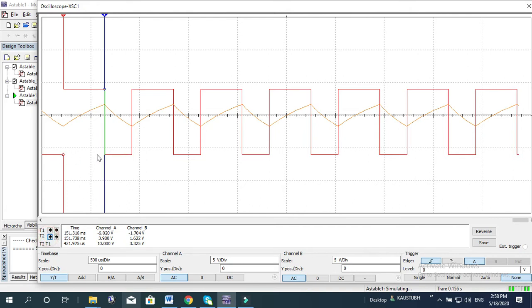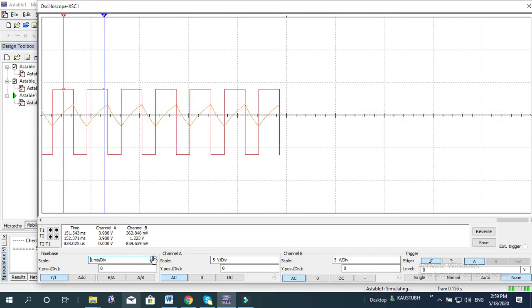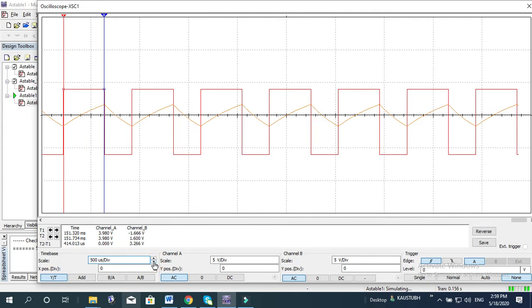So the time difference between these two, T2 minus T1, is your 414.013 microsecond. Because it is showing here in microsecond, if you look at it in millisecond, then also it is okay. Let me put it, yes, microsecond, no problem.